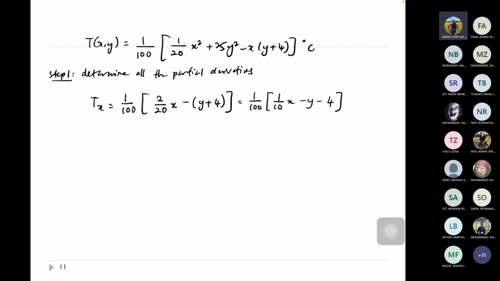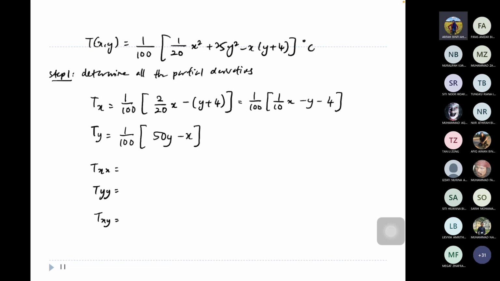Itu partial derivative with respect to x. Partial derivative with respect to y. So bezakan terhadap y, 1/100 keluarkan 50 y. Okay. Tolak dengan x. Itu partial derivative with respect to y. So dapatkan Txx, Tyy, Txy.